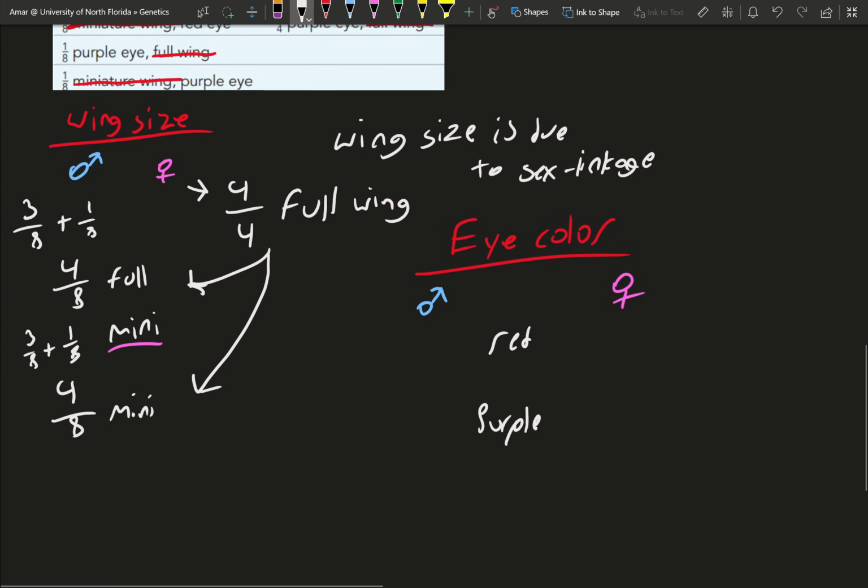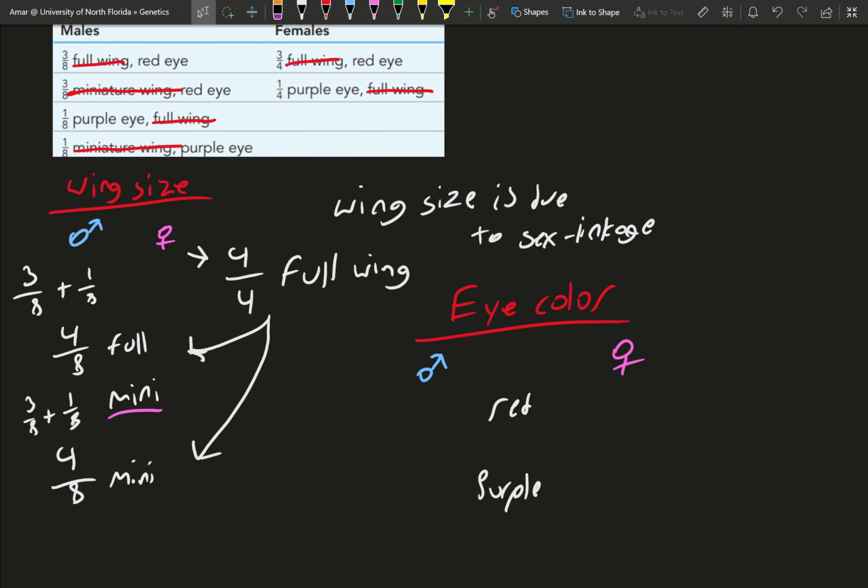For the males, you have 3/8 that are red, and another 3/8 that are red, so basically 6/8 are red. And then you have a total of 2/8 that are purple. You're adding them together, and you can simplify this to 3/4 and 1/4.